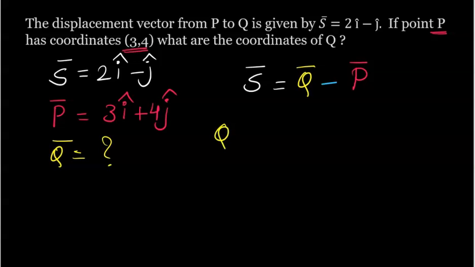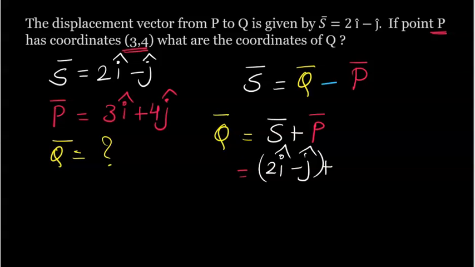So Q bar vector is equal to s bar plus P bar. So now this Q bar vector we can find out. So this will be equal to s bar is 2 i cap minus j cap, plus P bar, which is 3 i cap plus 4 j cap.